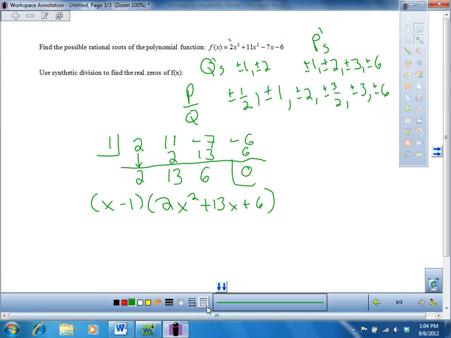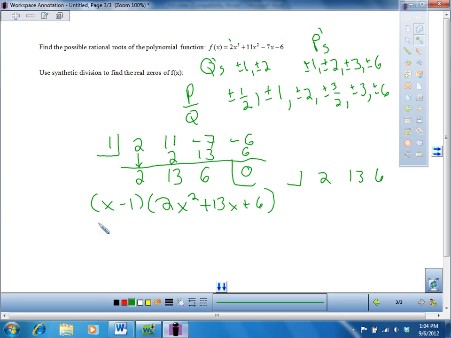See that? And then you can either do this again using the numbers 2, 13, and 6 and putting all these combinations out here, or you should try to factor that, because that's the easier way.